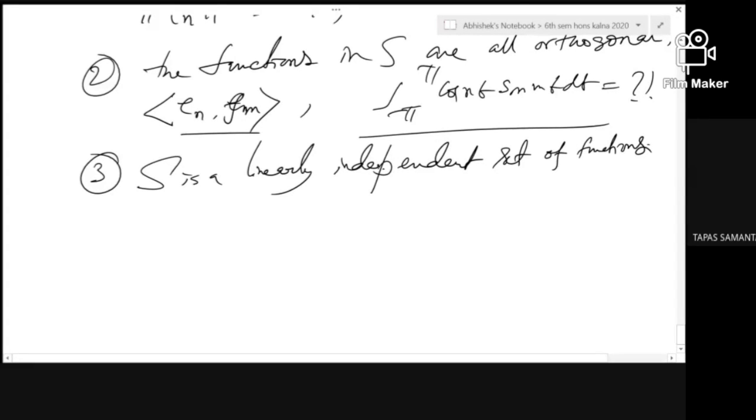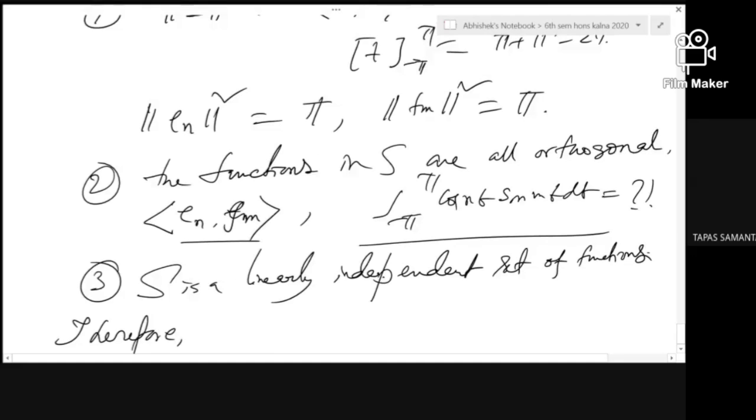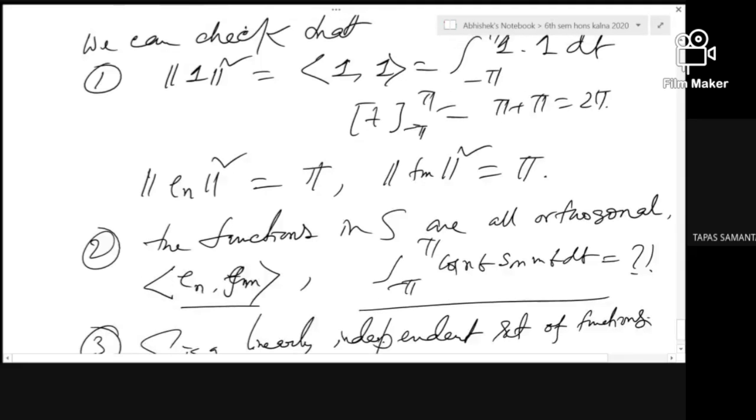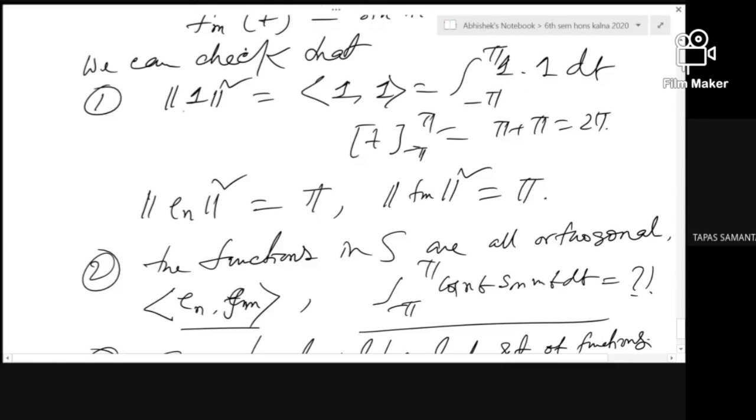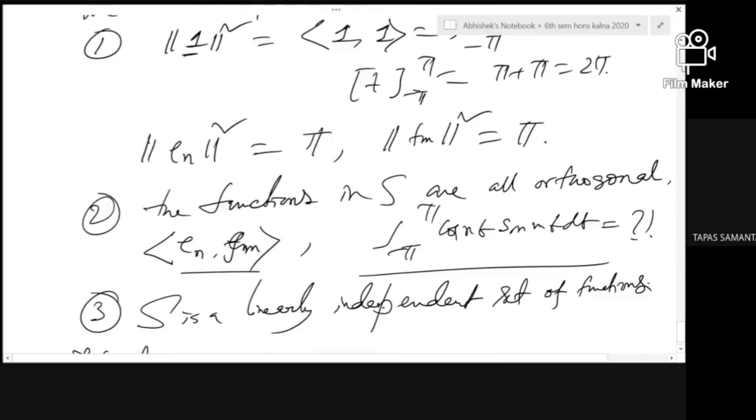So therefore, if we are to make these functions orthonormal, we must divide the first function 1 by root over 2 pi, the functions En by root over pi, and the functions Fm by root over pi.